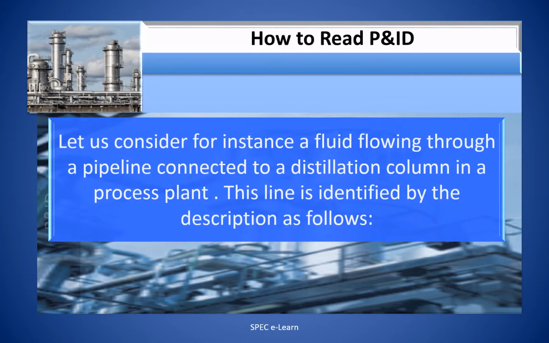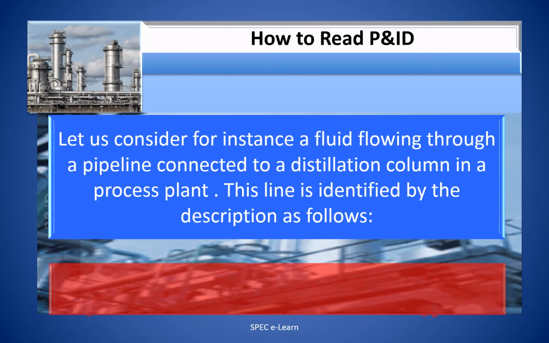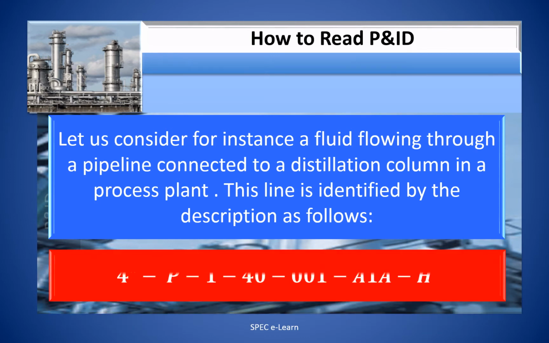Let us consider, for instance, a fluid flowing through a pipeline connected to a distillation column in a process plant. This line is identified by the description as follows: 4-inch-P-1-40-001-A1A-H.